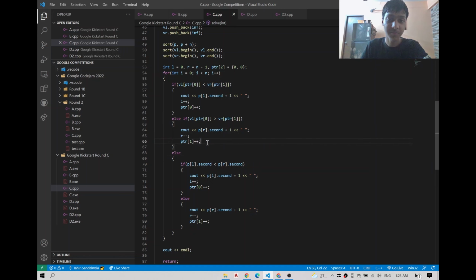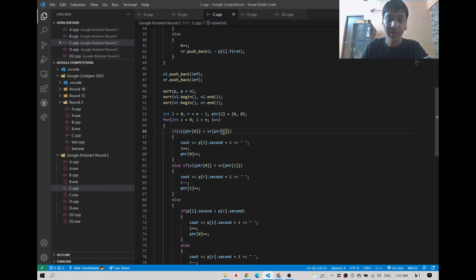Here PTR0 and PTR1 basically correspond to the array VL, which stores the order of times of ants that fall from the left end. So out of all those ants, which number ant am I currently talking about?